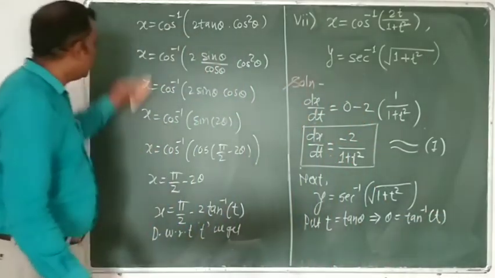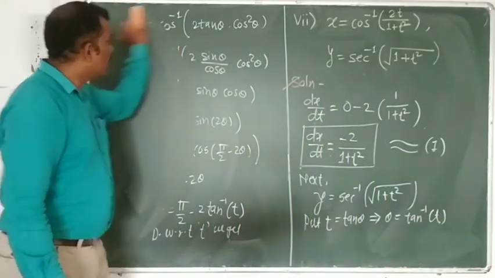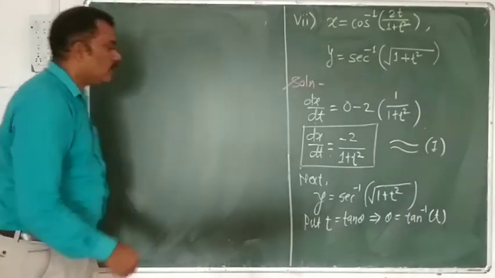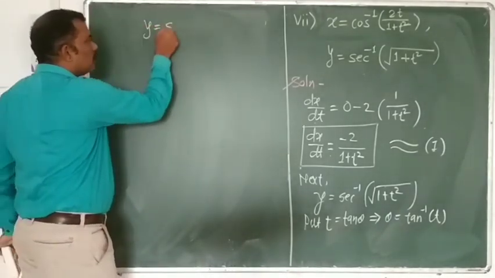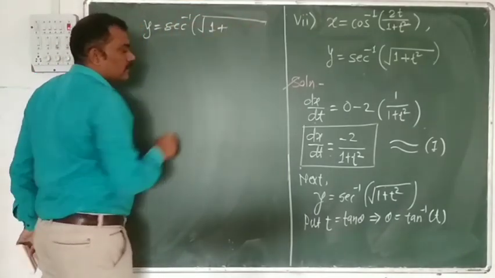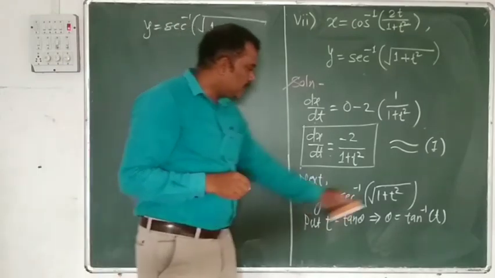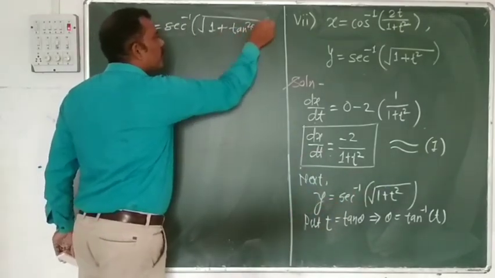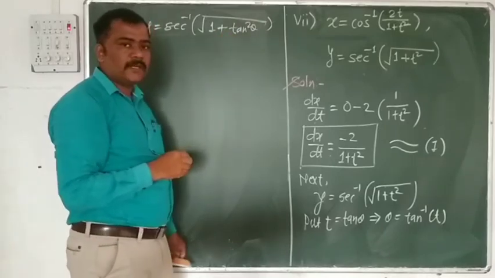So y is equal to sec inverse of under square root of 1 plus, what is the value of t? t is tan theta, so we get tan square theta. 1 plus tan square theta is sec square theta.